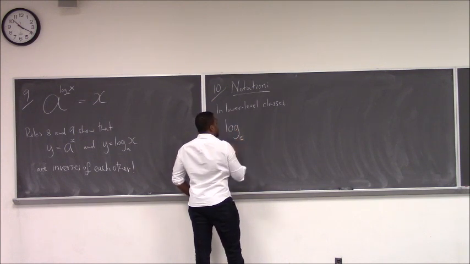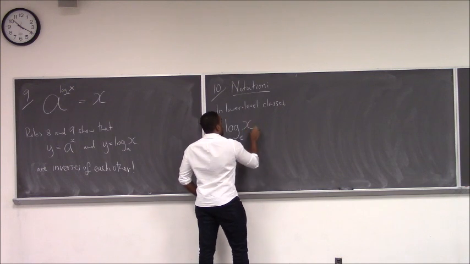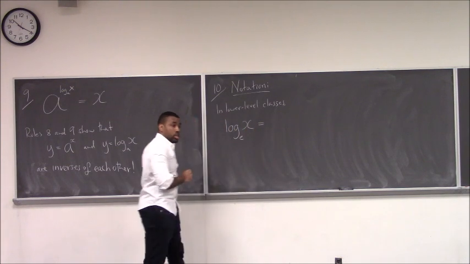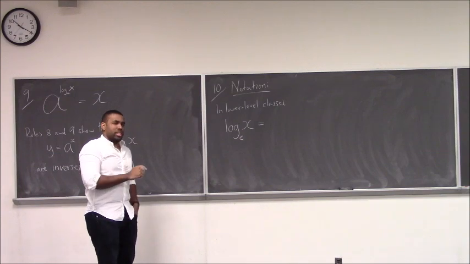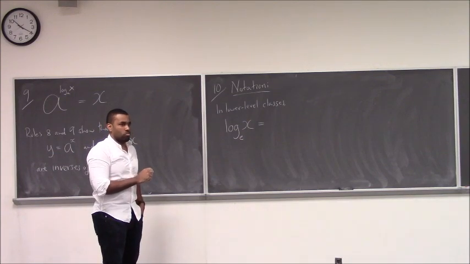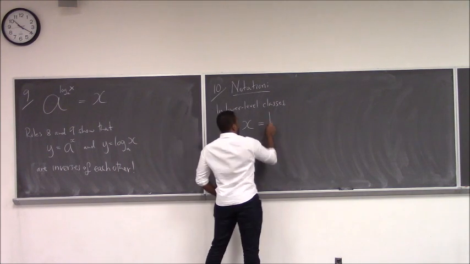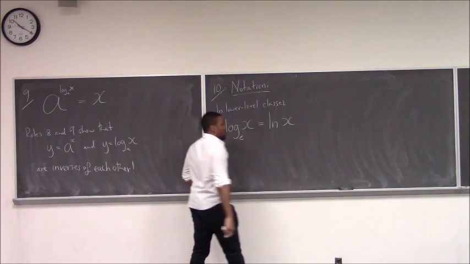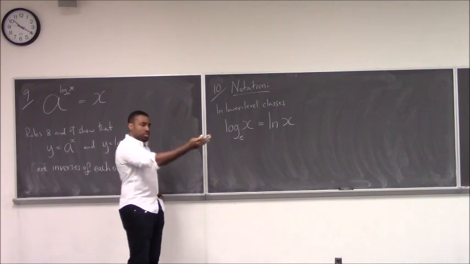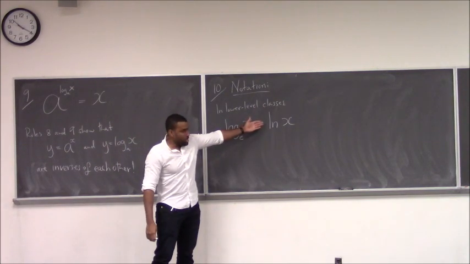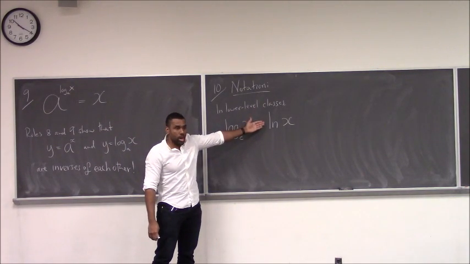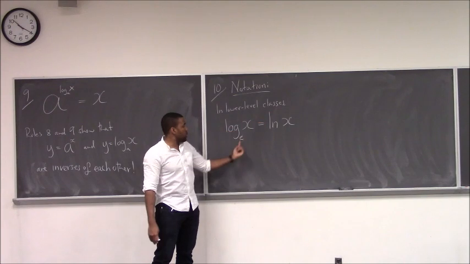If I have the base e, we actually call this a special notation. Does anyone know what that is? It's the natural log. What is the symbol for it? ln. So throughout the semester, I'm going to be using this function a lot, ln x. You should be aware it's just a log function when the base is e.